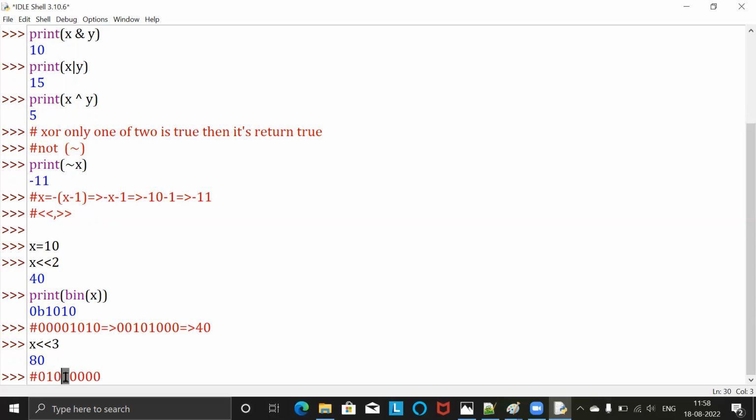Next is 16. 16 plus 64 is 80. It is equal, so it returns 1. Remaining all are zeros. Like that. And right shift operators also work similarly.